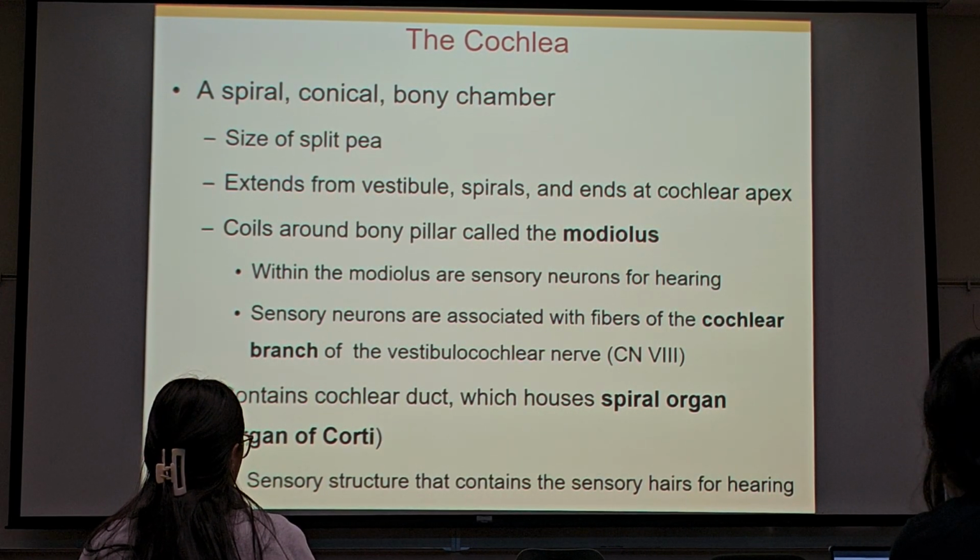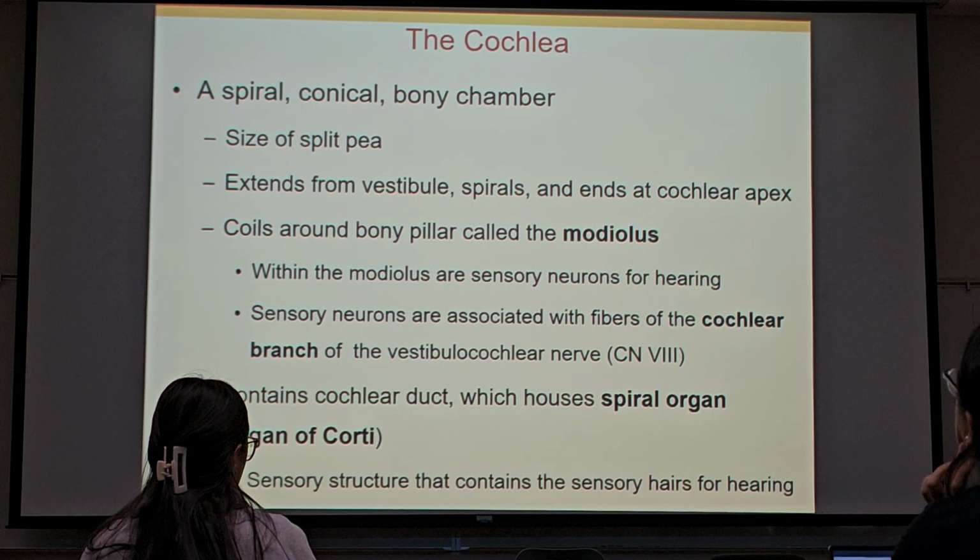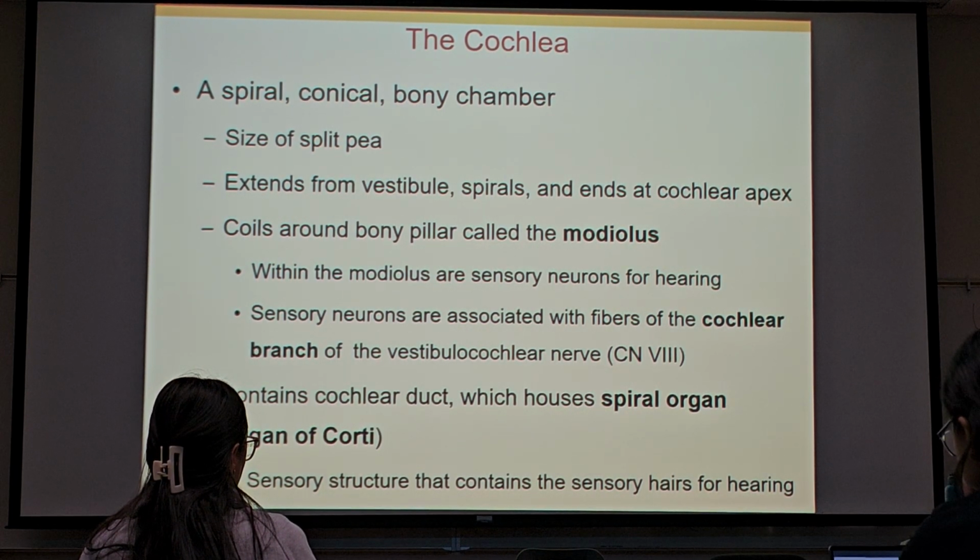That membranous labyrinth here is called the cochlear duct. And inside the cochlear duct is the organ of Corti, also called the spiral organ. This is the structure inside the cochlea where we get our sensation for hearing, where there are going to be hair cells, sensory receptors for hearing.